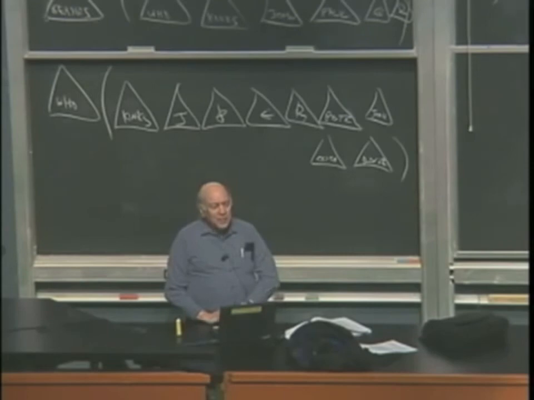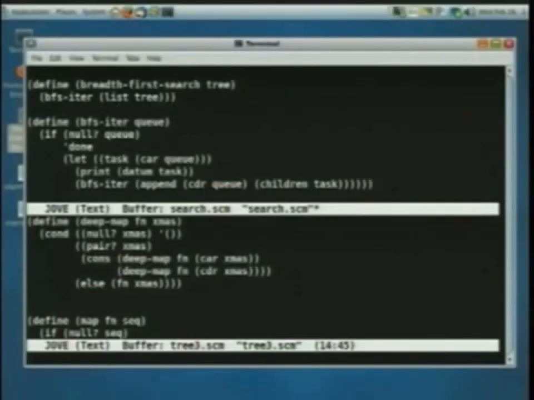Notice, by the way, as an exercise in data abstraction, we use car and cdr for the queue, but we use datum and children for the task, because each task is a tree, whereas the queue is not a tree, it's a forest. So don't make either mistake of data abstraction, too many datums or too many cars.